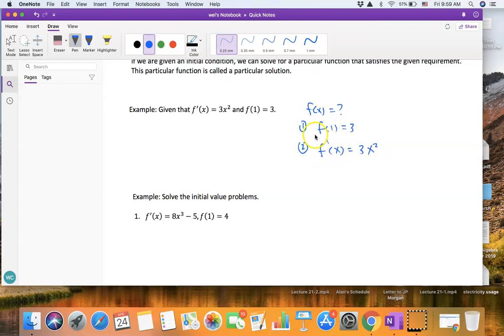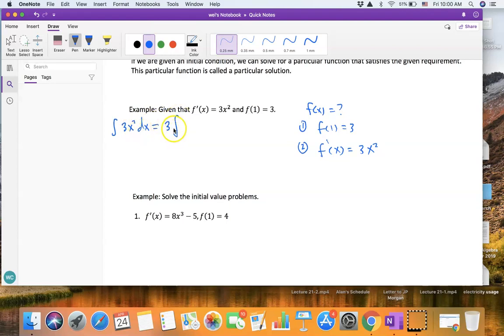So to solve an initial value problem, we first find the family of the antiderivative. So we start by finding this. And to find this, we can use the power rule.